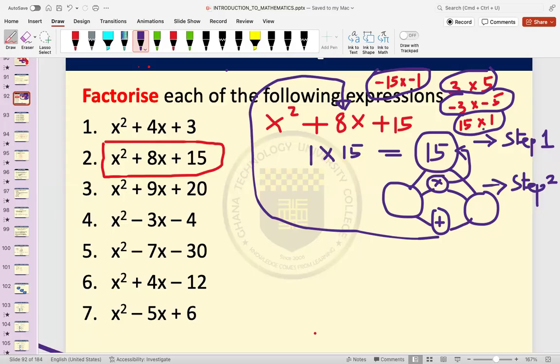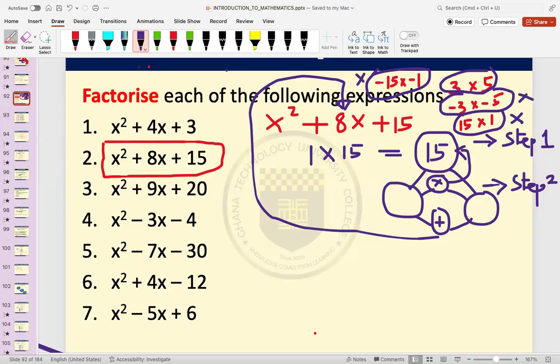That is where you take a second look at the options. If I add 15 to 1, I'll get 16. So this is not going to help us. If I add negative 3 to negative 5, we'll get negative 8. This option will also not work. If I add negative 15 to negative 1, I'll get negative 16. This will also not work.